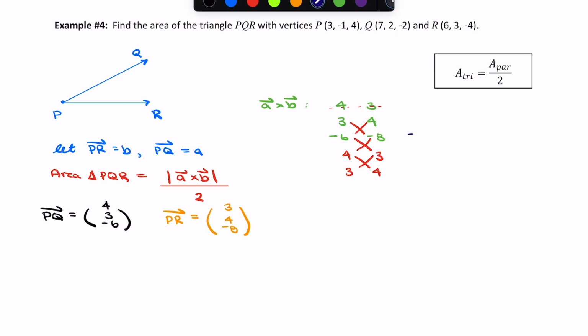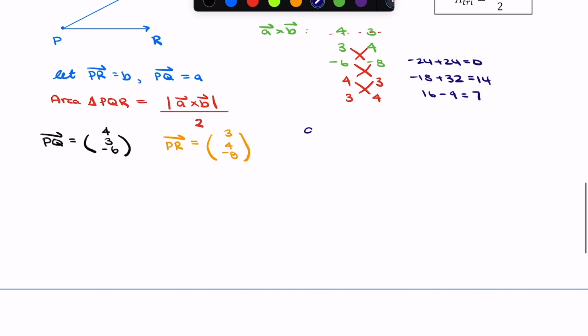We get negative 24 plus 24, which is equal to 0. We get negative 18 plus 32, which is equal to 14. And we get 16 minus 9, which is equal to 7. So the cross product of vector A and vector B, which is vector PQ and vector PR, is equal to 0, 14, and 7.